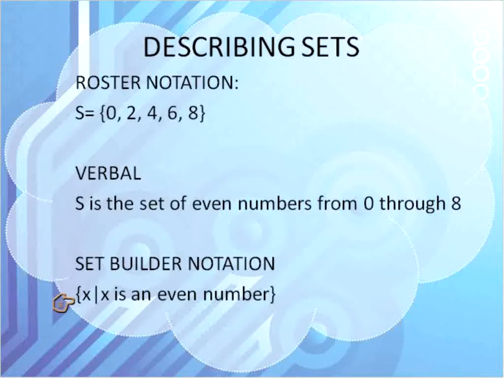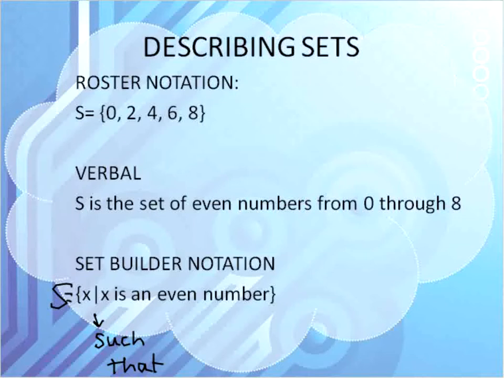Set builder notation is {x | ...}. Now this may be a little bit more confusing, but they're all talking about the same set, 0, 2, 4, 6, and 8, all of these descriptions. The way that we write 0, 2, 4, 6, and 8 in set builder notation, and actually we could have S equals here, we put x such that. The bar means such that. x such that x is an even number.